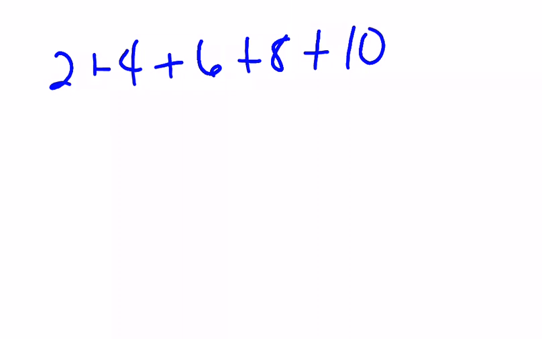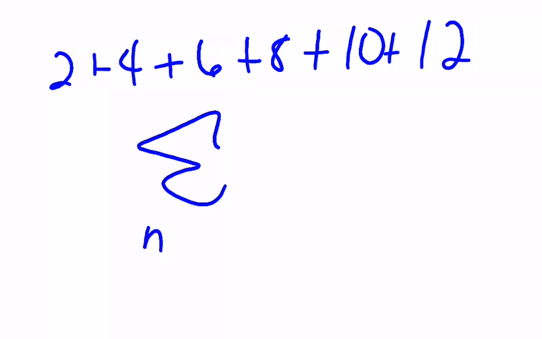We can also go backwards, so they might say express in summation notation. So we know that we are going to have a summation symbol. We're going to start with n equals 1. We have 6 terms there, so we're going to go up to 6. And then we have to see how do we get from term to term.